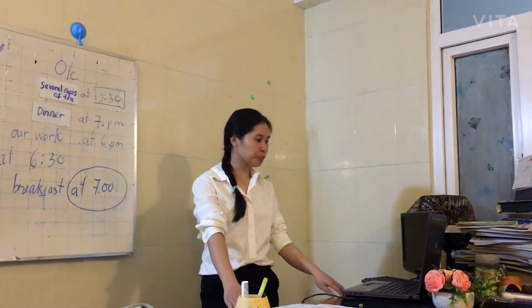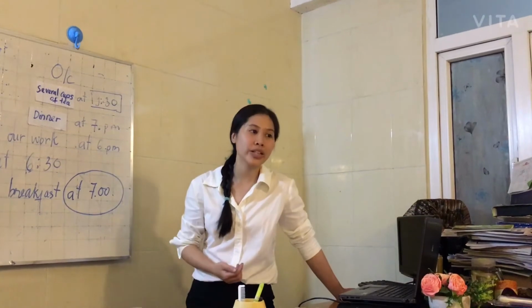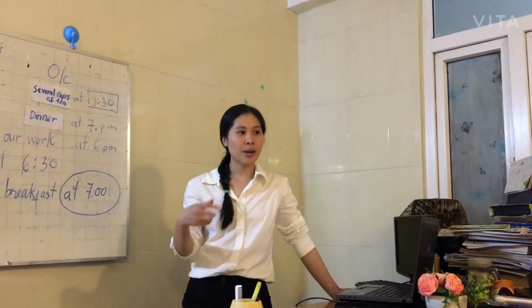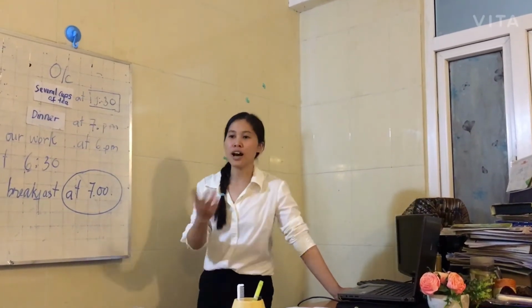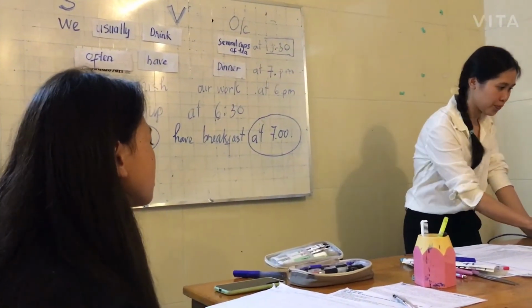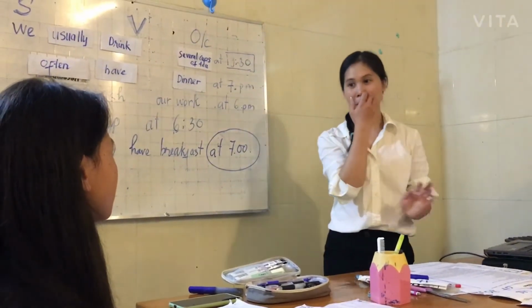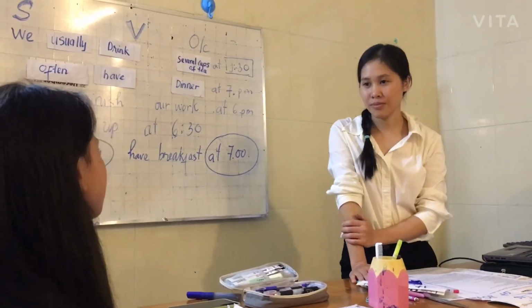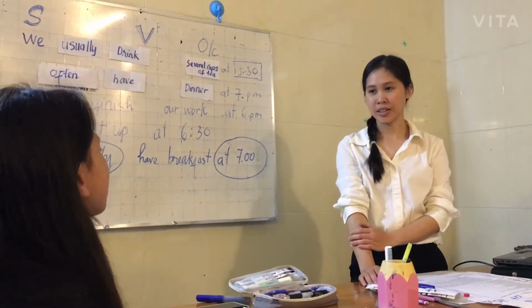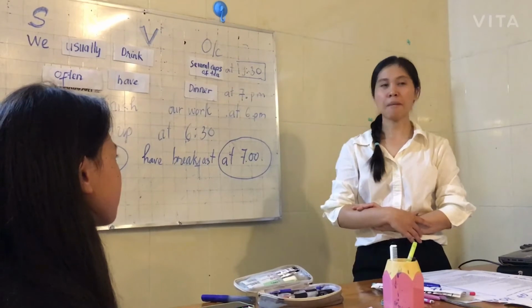So that is also a routine that you usually do in the afternoon, playing badminton. What time do you usually do it? I usually do it at half past 6 p.m.